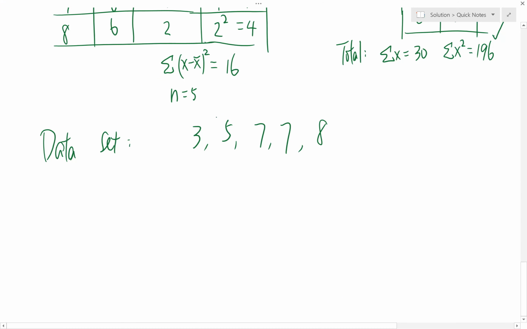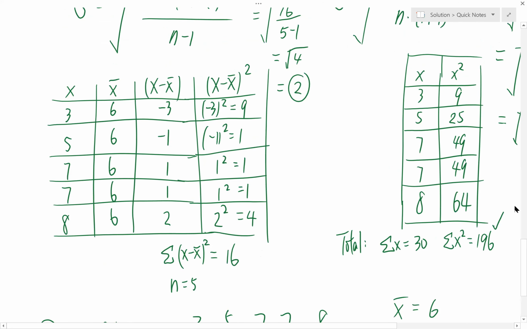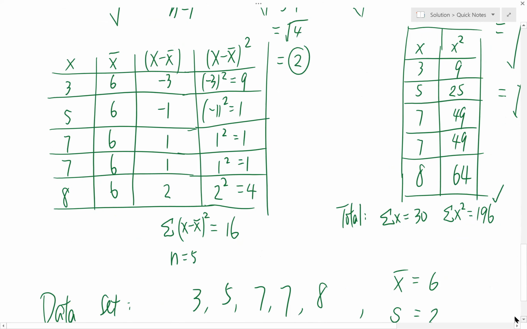We usually use X to represent the overall data set. The z-score formula is the X value minus the sample mean, over the sample standard deviation. From the previous calculation, we know the sample mean is 6 and the standard deviation s is 2. We just did it step by step. So we have those numbers.